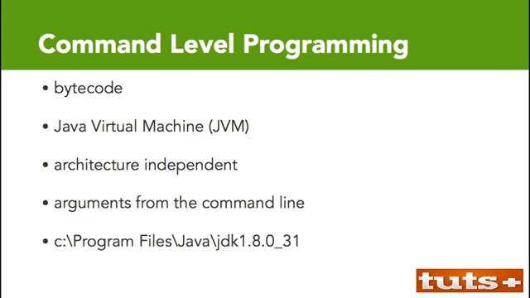We will use this information to set the path variables so we can compile and run our program from the command line. To open a command prompt, we go to the Windows icon and type CMD.